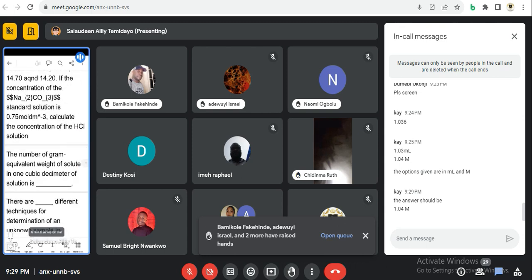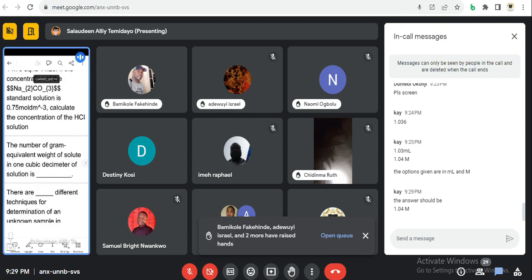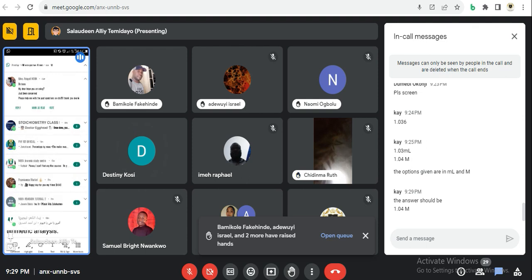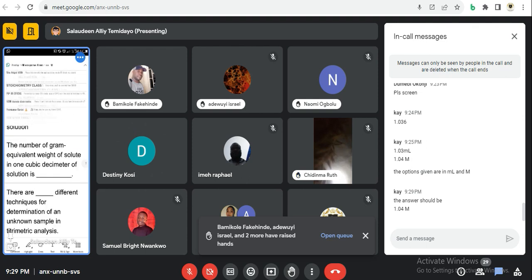The number of gram equivalent weight of solute in 1 cubic decimeter of solution is. Listen carefully to this thing. Let me read the question out first.